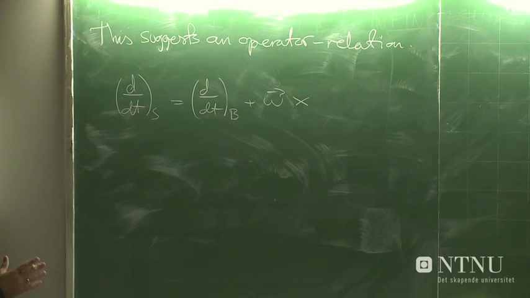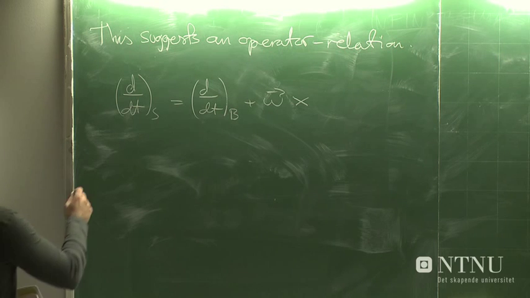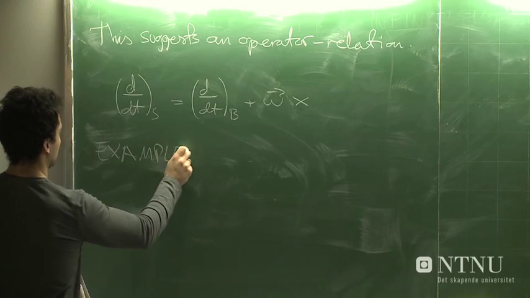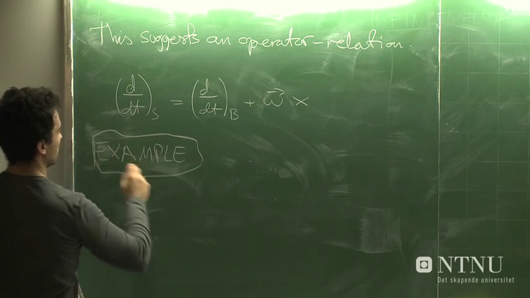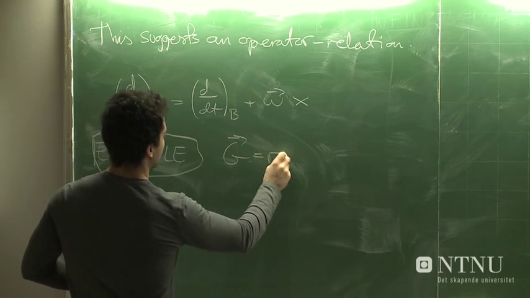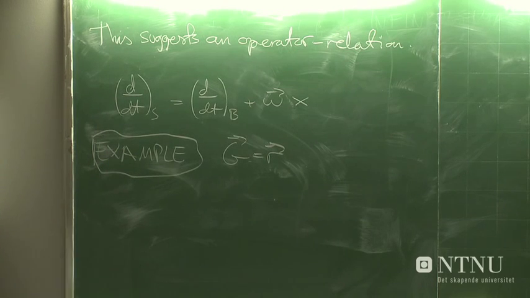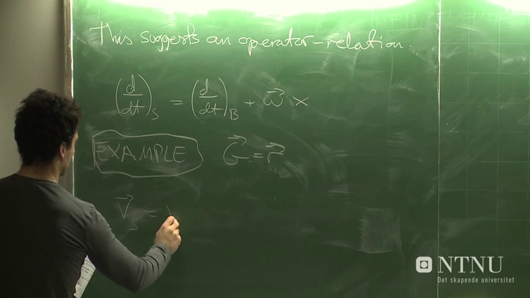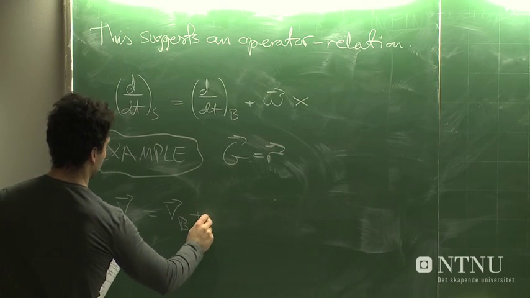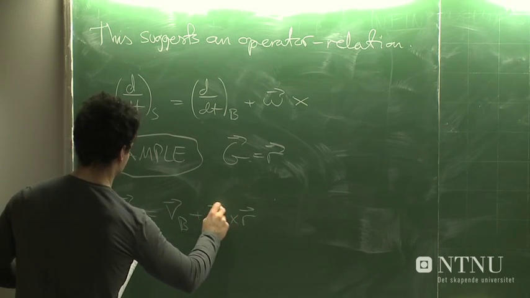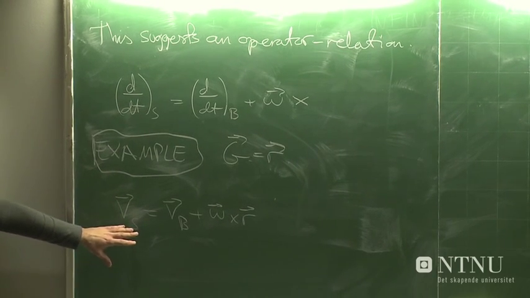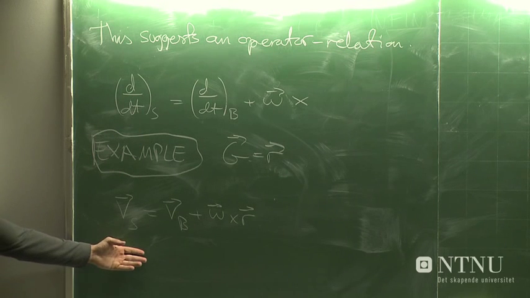So one specific and important example of how we may use this operator relation is to consider the position vector. In which case this operator relation provides us with the following equation.